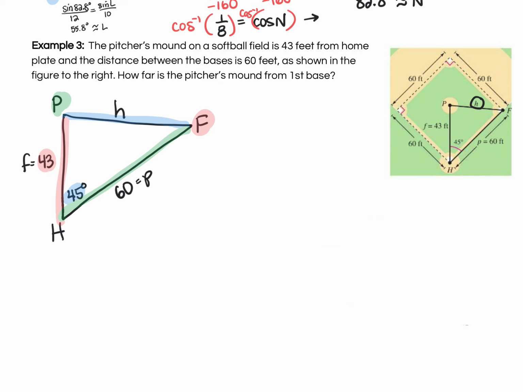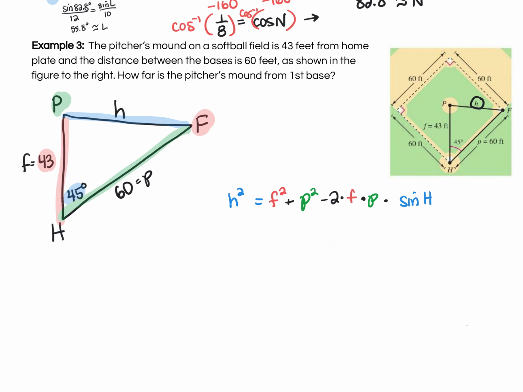And we'll even write it with the letter still in it. So we'd say angle H, and then on the other side of the equation we'll have little h. And then we just fill in the rest of this. Okay, so f squared plus p squared minus 2 times f times p times sine of h.